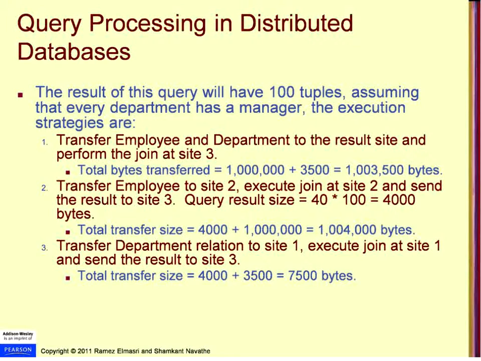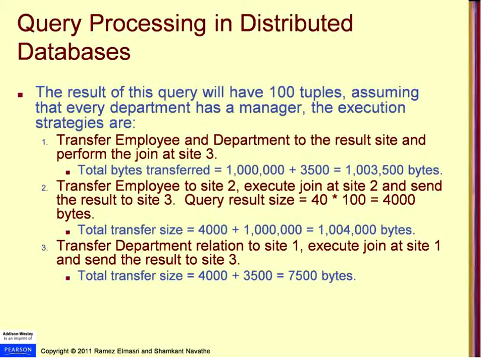Now the third strategy can be transfer department relation to site 1, execute join at site 1, and send the result to site 3. Now when you will be sending department relation to site 1, the size of department relation is 3500. So you will send 3500 to site 1, execute your join over there, execute the query and send the result, which will be 40 multiplied by 100, which becomes 4000.